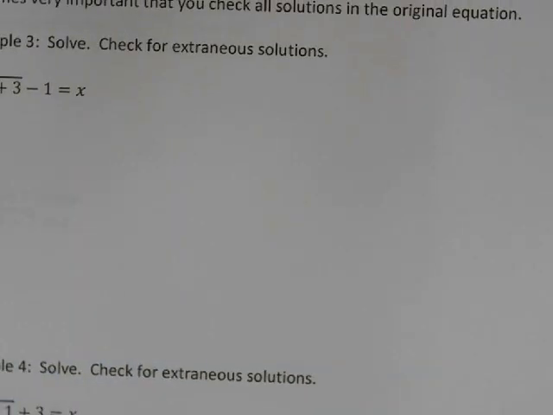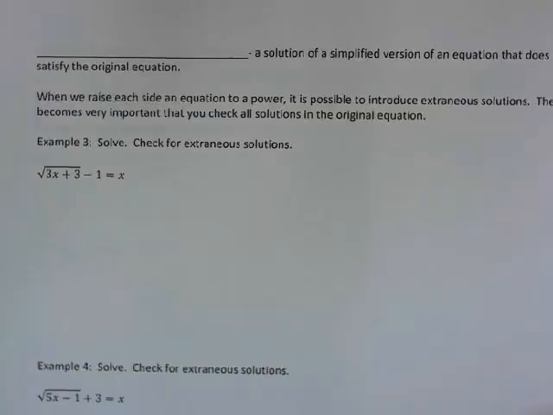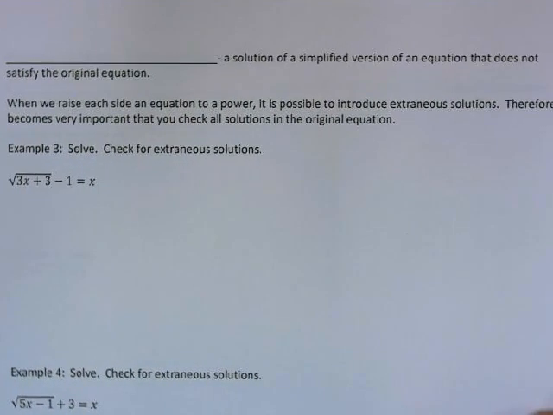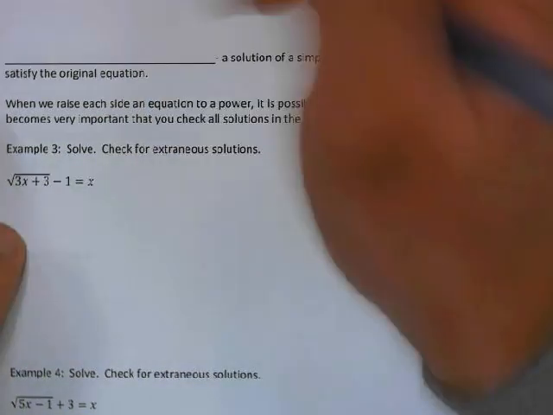Zoom out a bit so we can read this whole thing. All right, hopefully this sounds kind of familiar. Blank, a solution of a simplified version of an equation that does not satisfy the original equation. So we worked with this in the last chapter in the first semester, and that is an extraneous solution.